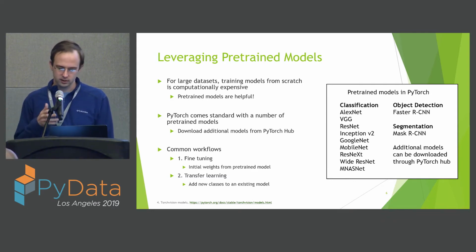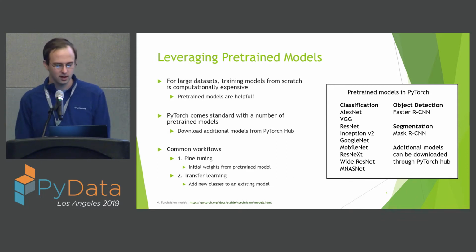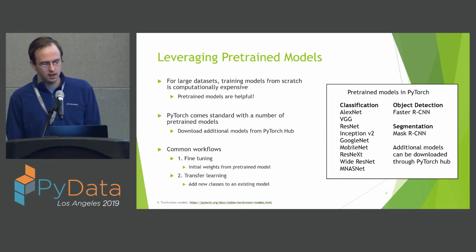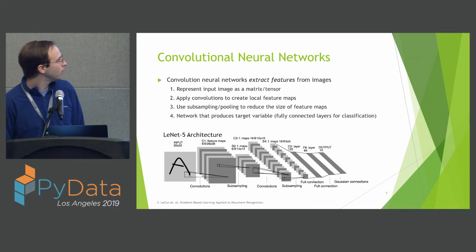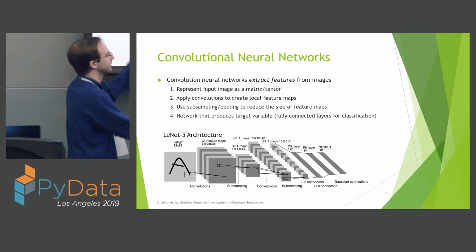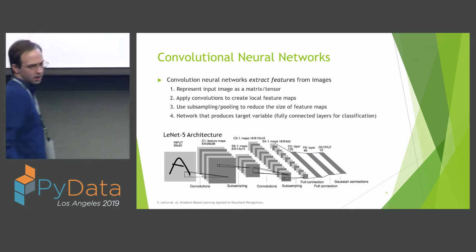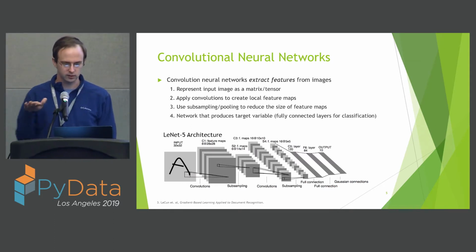And any model that's available in the research, you can find on GitHub somewhere, or you can download from PyTorch Hub. So even if a model is not in the standard PyTorch distribution, you can download it from somewhere. And in computer vision, one property is that this process here of extracting features is fairly general. You might be doing things like looking for vertical lines in an image or looking for corners.